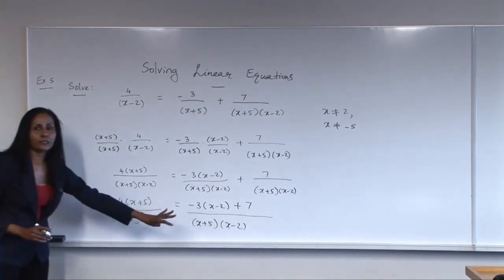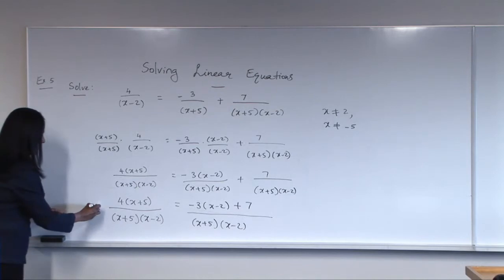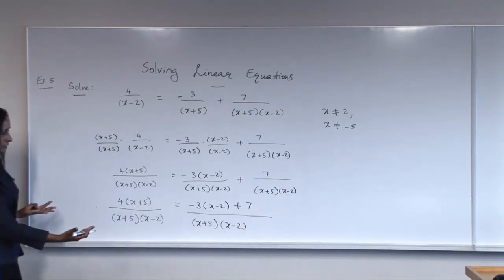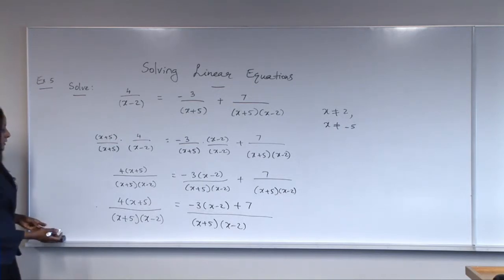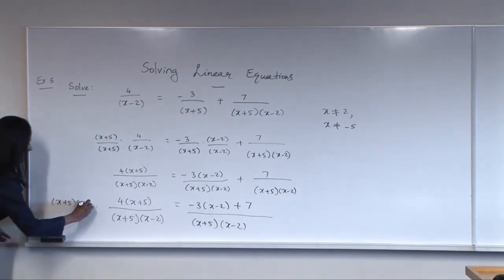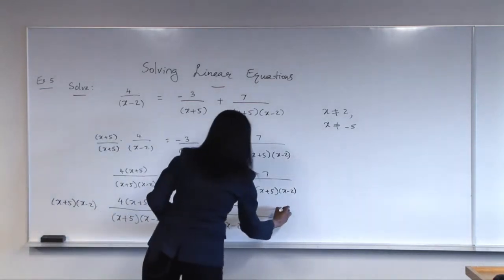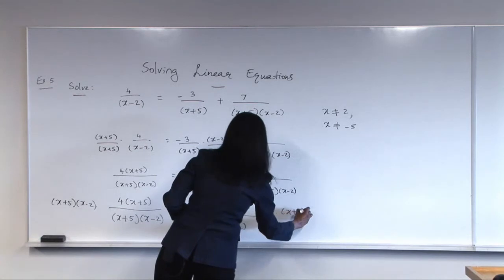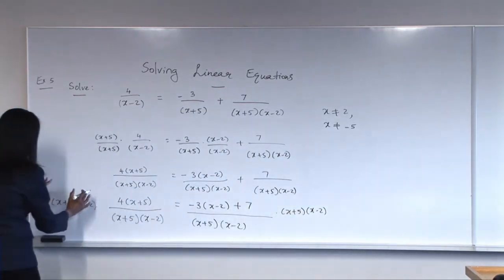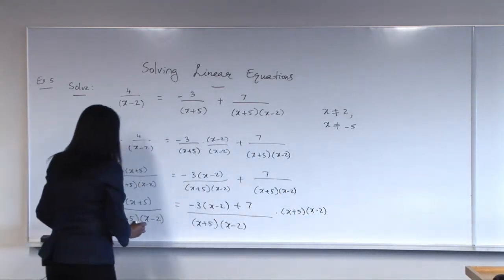So now you see both sides, the denominator is the same. You can multiply both sides by that same denominator, eliminate it and equate the numerators. So here we have x plus 5 times x minus 2. You have to multiply both sides by the same number. Remember that. You cannot do one number on one side and another number on the other side. So we multiplied this side and did the same on this side.